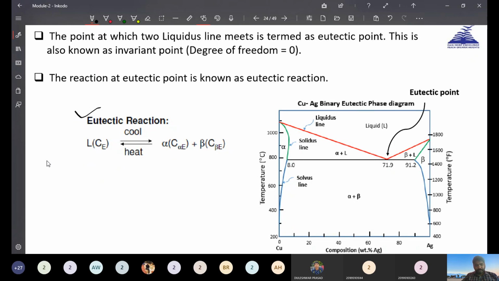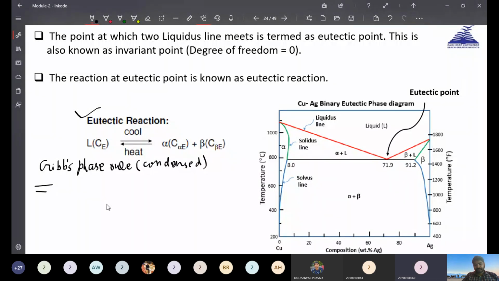Now if you remember the Gibbs phase rule, or better call it the condensed Gibbs phase rule, not the general Gibbs phase rule, what is the formula for the condensed Gibbs phase rule?